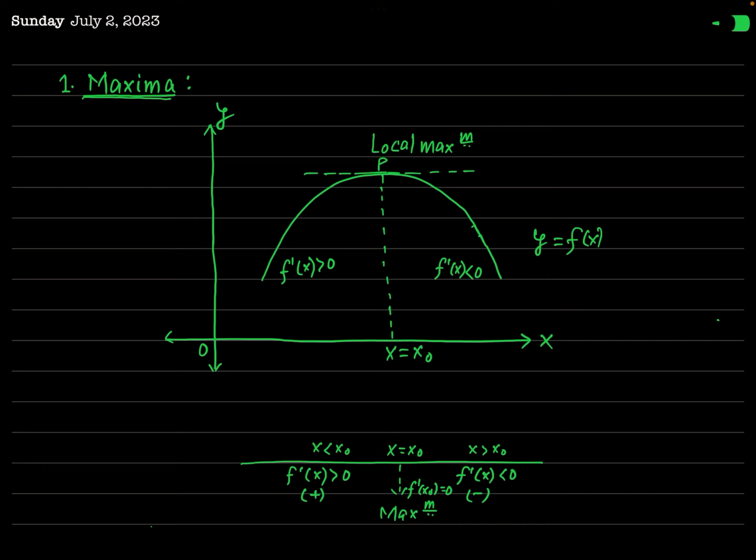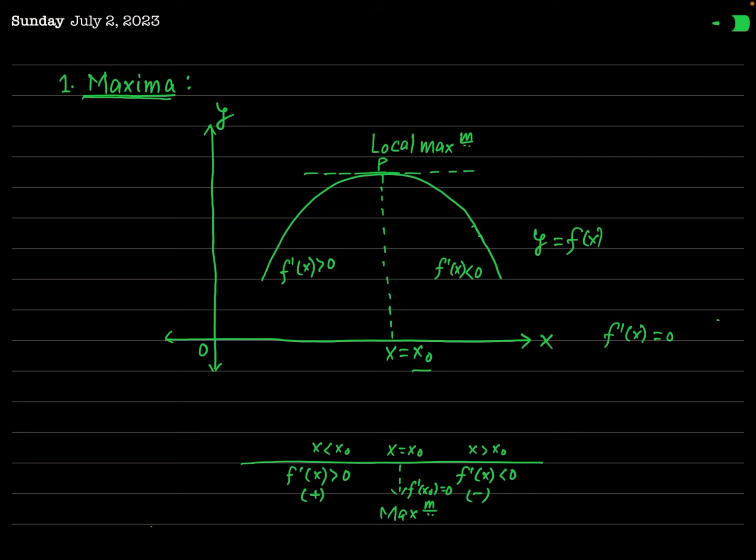Okay, it is clear. And so corresponding to this point P, x will have a value x naught, which is called the critical point. But when f dash of x is equal to 0, then the function may be maximum or minimum. Both are possible. So how can we decide that at this x equal to x naught, the function is either maximum or minimum?